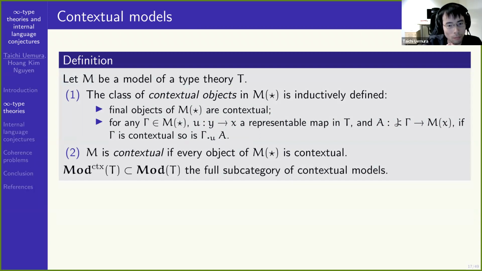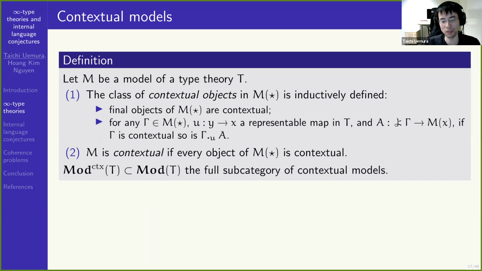One more definition. A model of type theory in my sense, or it is also true for categories with families and natural models, these kinds of models of type theory contain a lot of objects in the base category. But we are mostly interested in the more restricted class of models of type theory.